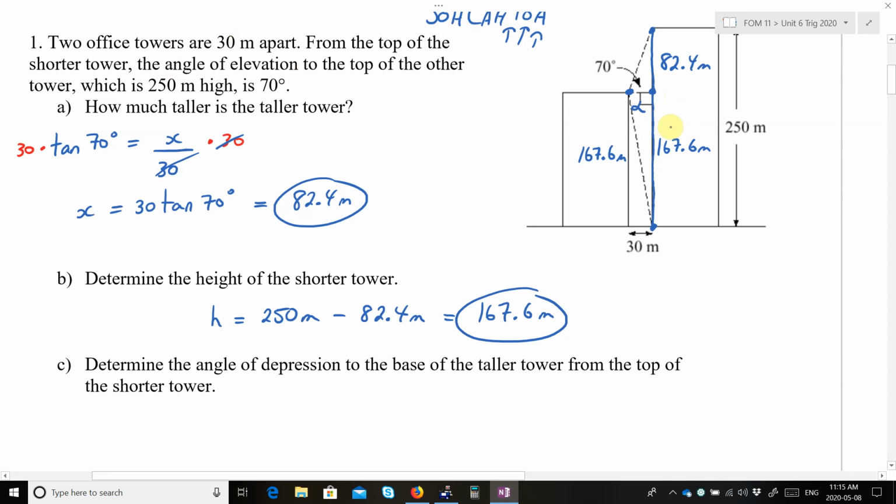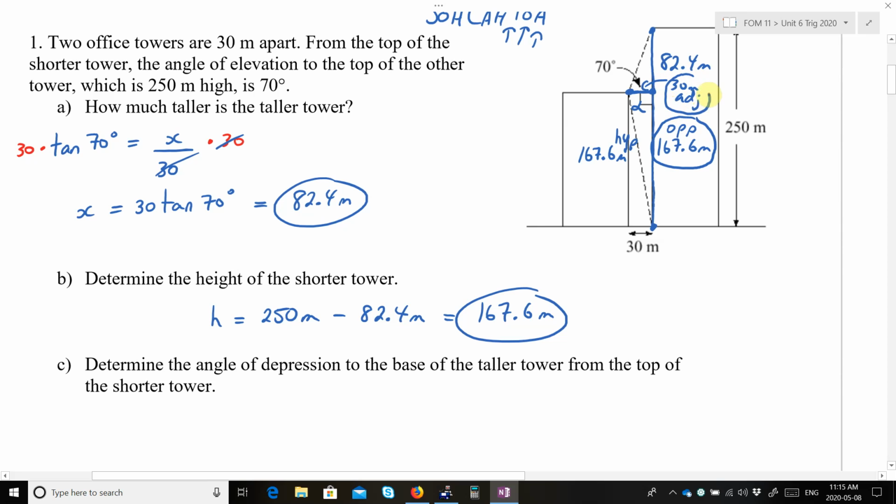And we know that right across is the opposite side, so this 167 is the opposite. And we knew that since the buildings were 30 meters apart, this little length right up here was 30 meters. And there's the 90 degrees. So the dotted line over here is the hypotenuse. So the 30 must be the adjacent.